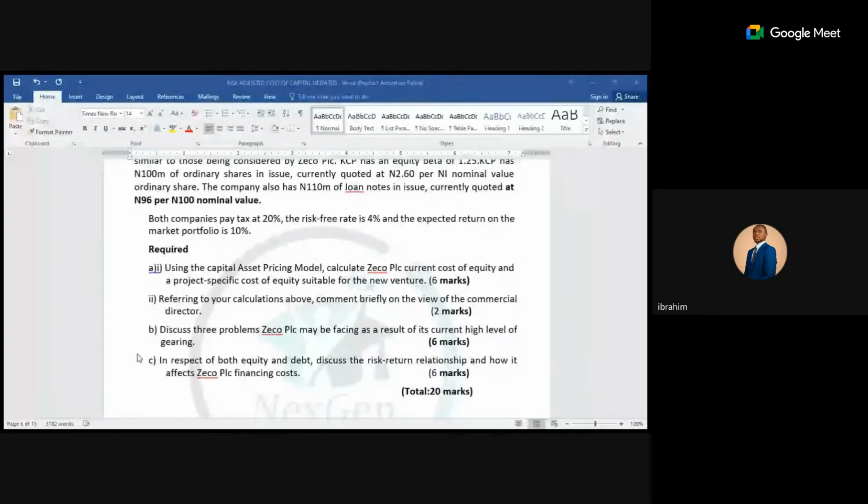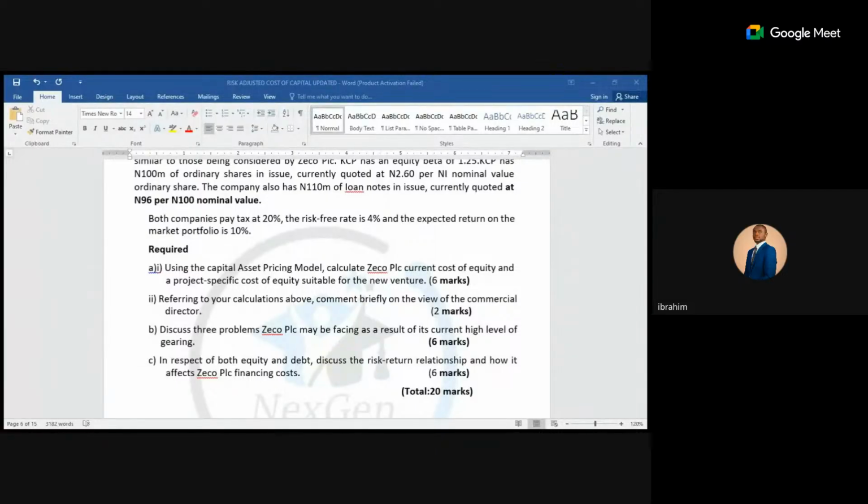You will start from your step 1, step 2. They say project specific cost of equity, not appropriate cost of capital, meaning that after you calculate your cost of equity in step 4, you don't need to move to the next step again, which is the weighted average cost of capital. You just stop from there, right? Because it is project specific cost of equity only. Stop at equity, right? 6 marks.